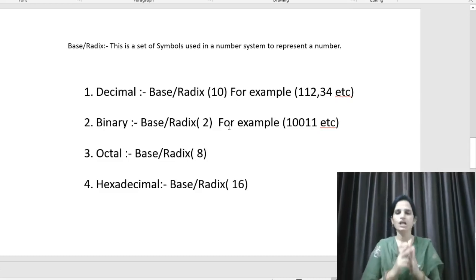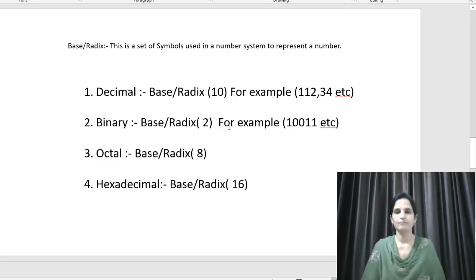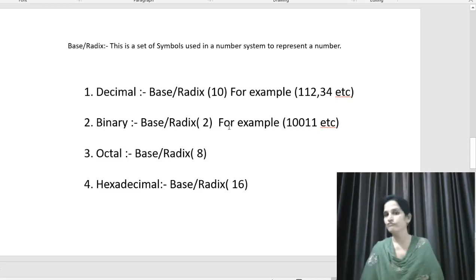After 9, the symbols are A, B, C, D, E and F. A represents 10, B 11, C 12, D 13, E 14, F 15. So after 9, if you want to write 14, then you write E in hexadecimal. If you want to write 15, then you write F in hexadecimal.